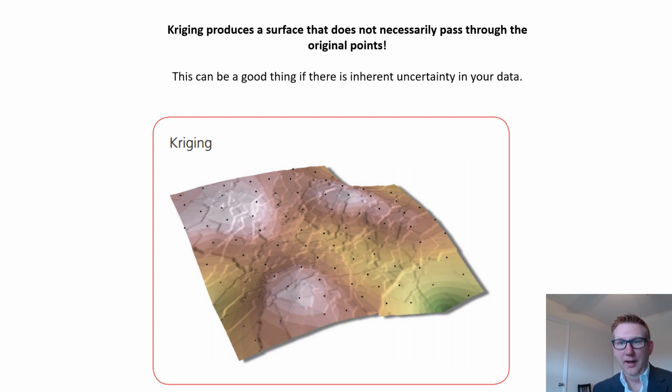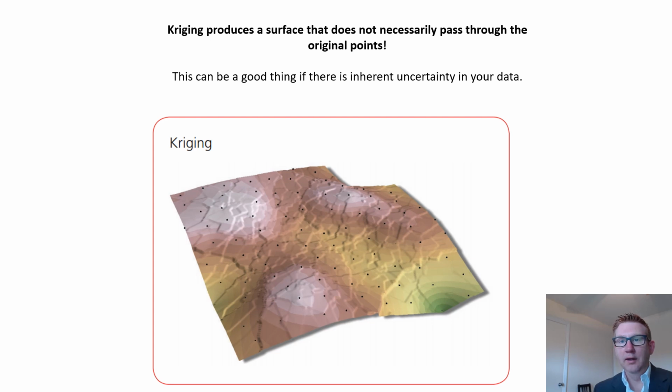But generally speaking, we're imagining Kriging is representing observations that have some inherent uncertainty in them, and as a result, we don't want to treat those things as if they're gospel, let's say, but just as an example of what might or probably is there, but not a thing that's definitely there. And that's why the surfaces don't pass through the original points.